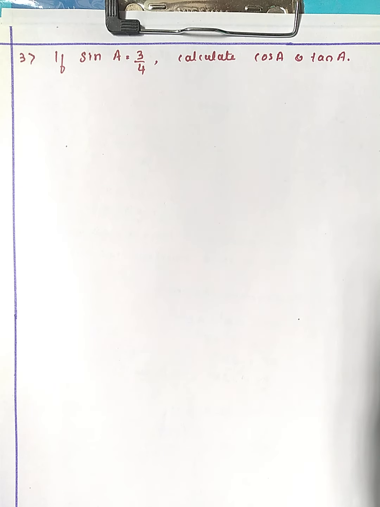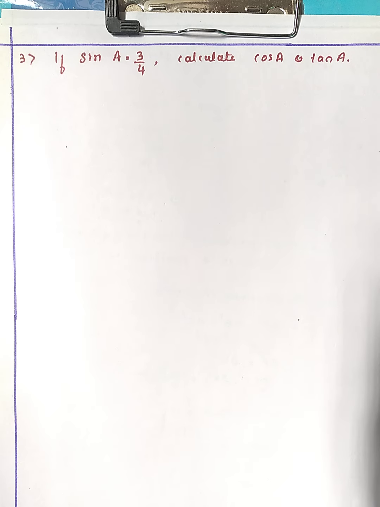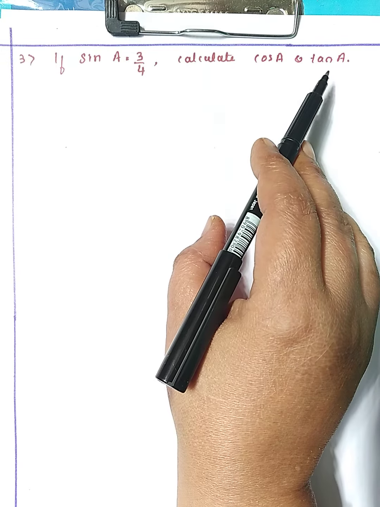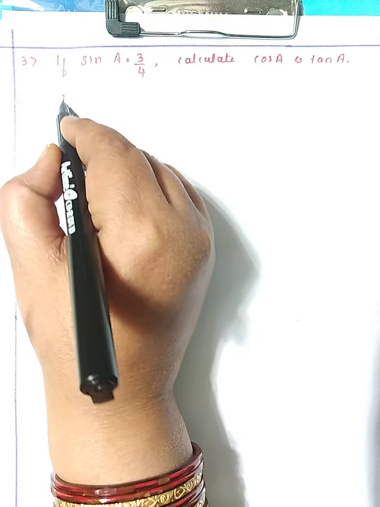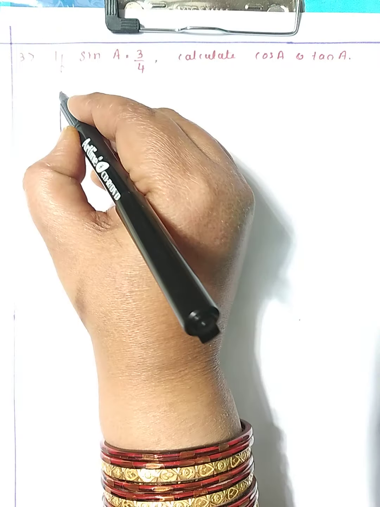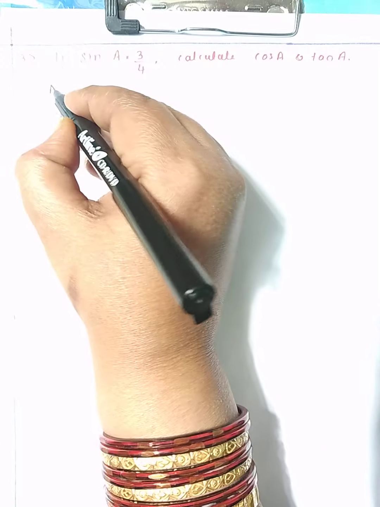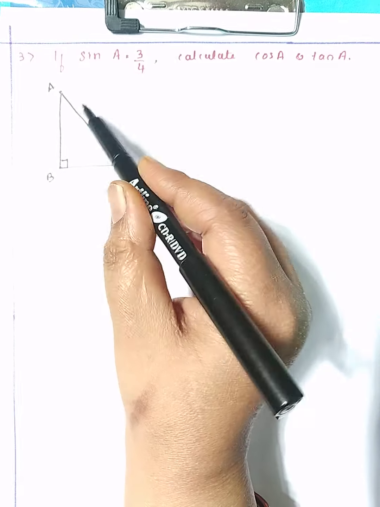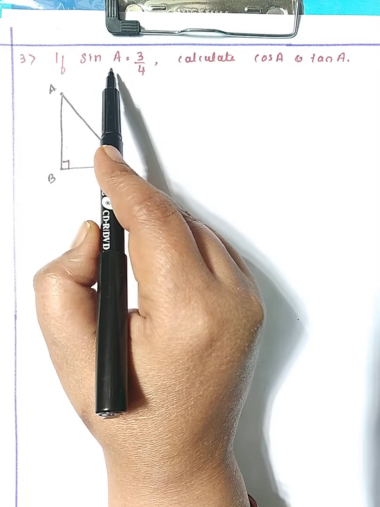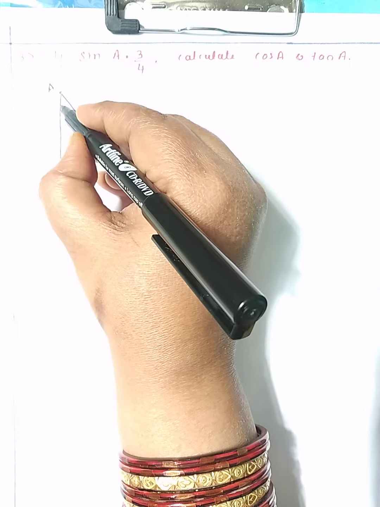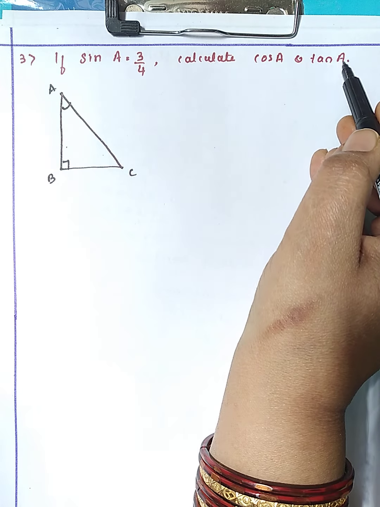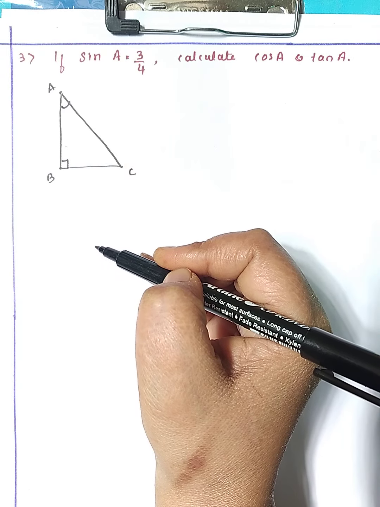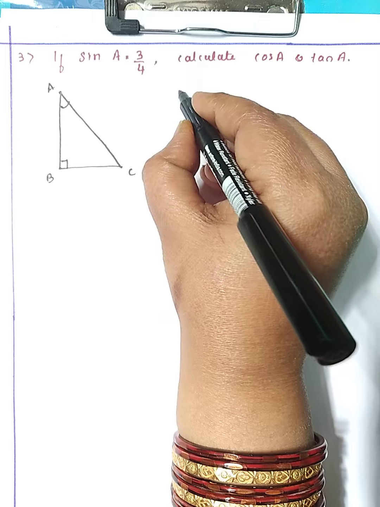Now the third question in the textbook is, if sin A equal to 3 by 4, calculate cos A and tan A. Again draw triangle ABC, right angled at B, and we need the trigonometric ratios for angle A. We have to find out cos A and tan A. What is given?